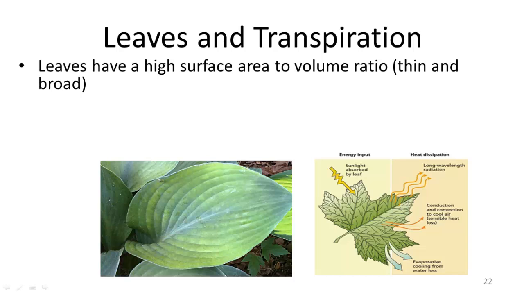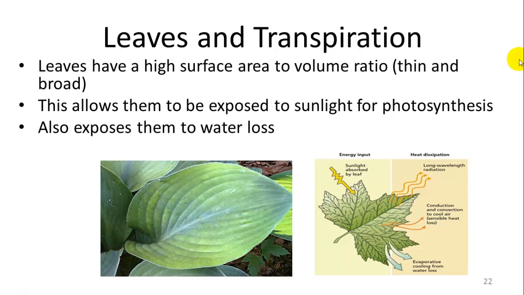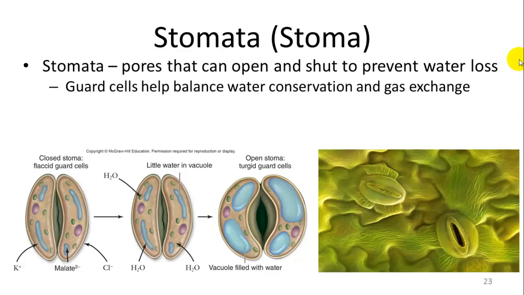Leaves have a high surface area to volume ratio. They're very thin and broad. This allows them to be exposed to light for sunlight, and like we said before, also exposes them to water loss. So stomata can open and close to prevent this water loss.